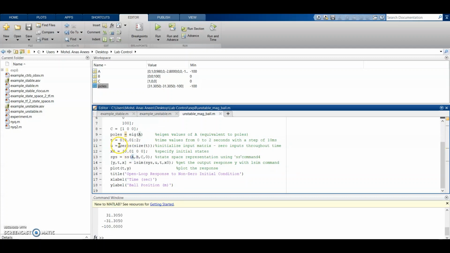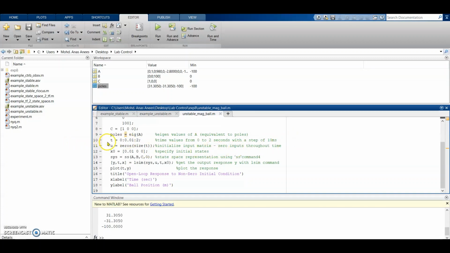This is the method of writing a matrix or a time series where we start with 0 and take a step of 0.01. So we write 0 colon 0.01 colon 2. It means we start from 0, take steps of 0.01, and go up to 2.